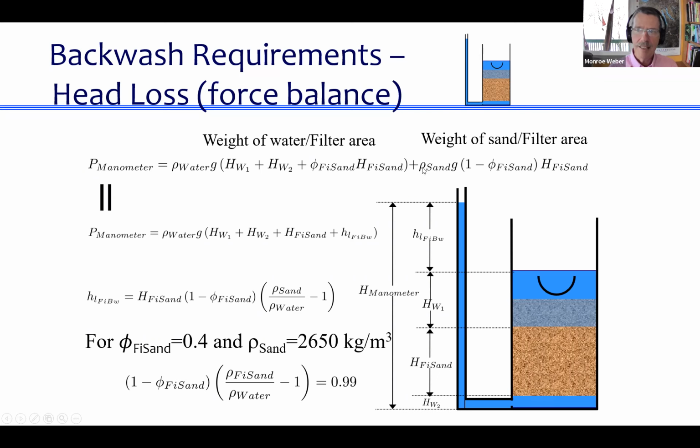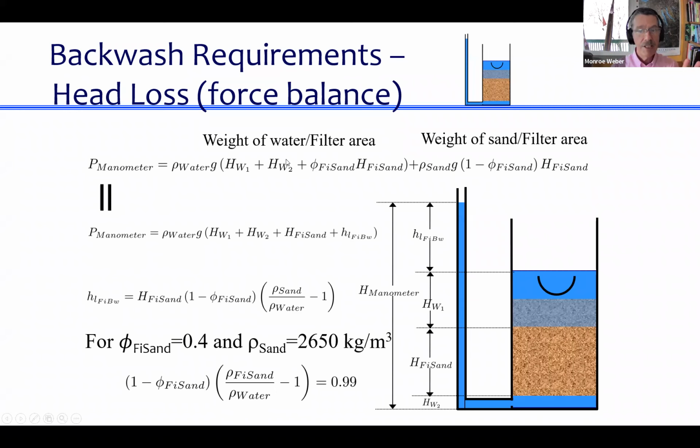So now we take the density of the sand times G, and the equivalent height of sand with no pores is 1 minus the porosity. So 0.6 times the height of the sand gives us the height of the sand, if you could just consolidate it into one solid chunk of silica.